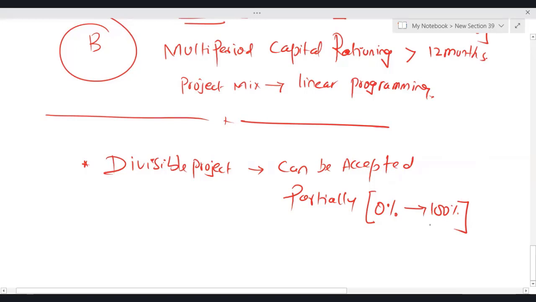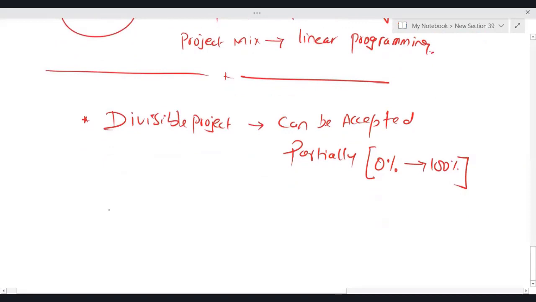It's a divisible project. Like you might have seen a building where there are a number of flats. If there's a building which has a number of flats, that's a divisible project. If you want, you can buy one flat. If you want, you can buy more than one flat also. It's up to you. Or you can buy the whole storey. It's a divisible project, can be accepted partially. We do have indivisible projects also.